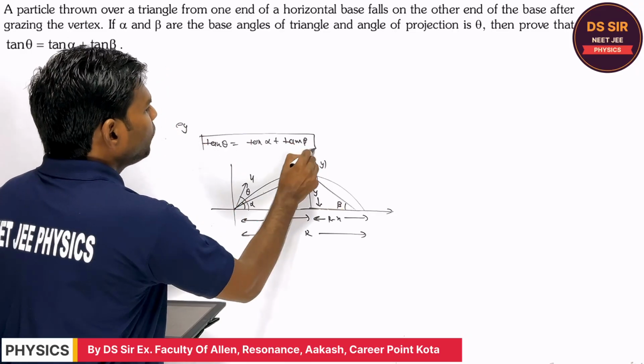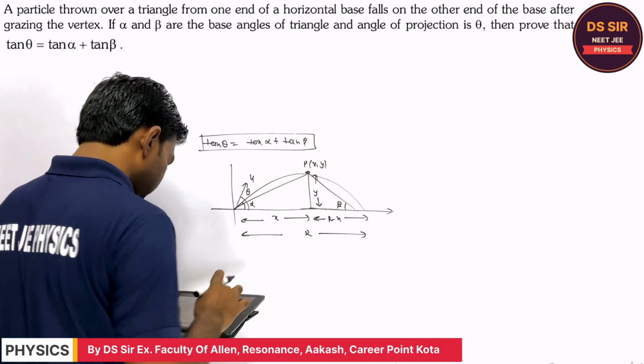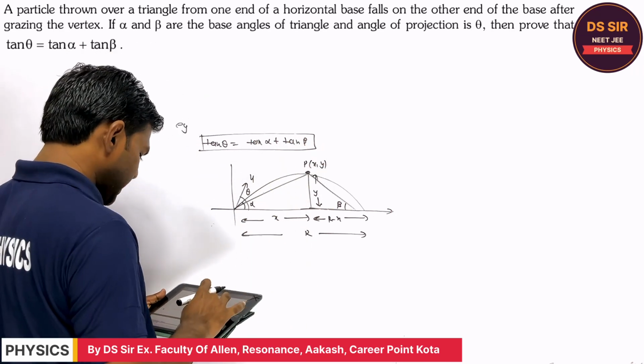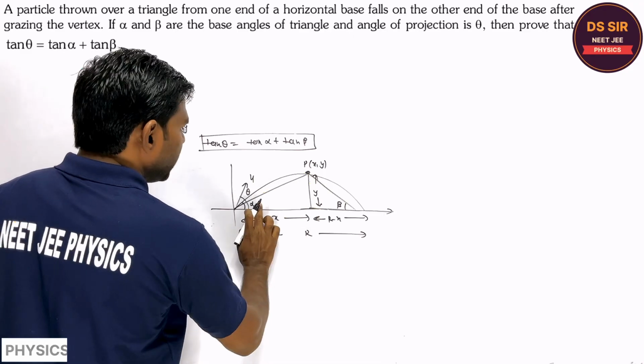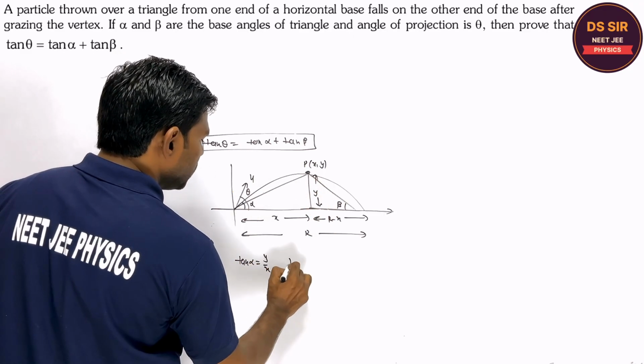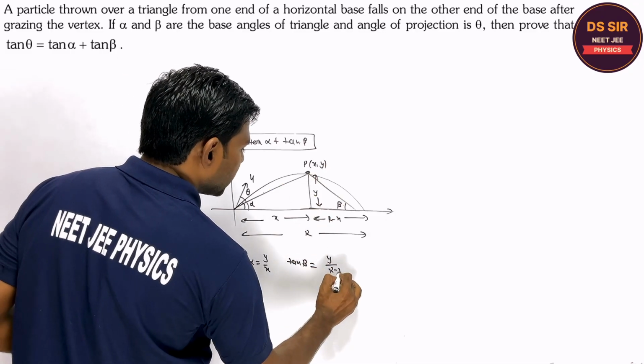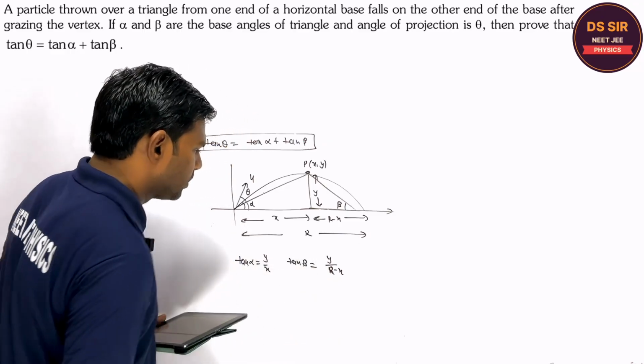And we have to prove that tan theta is equal to tan alpha plus tan beta. So what is tan alpha? Tan alpha is nothing but y upon x. What is tan beta? You will say y upon R minus x. Is it clear or not?